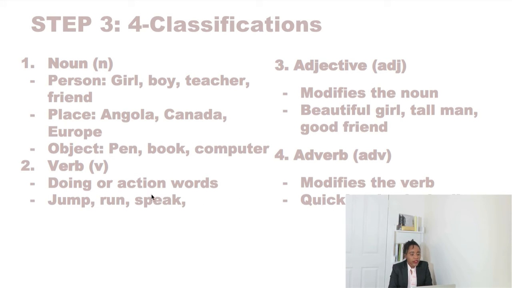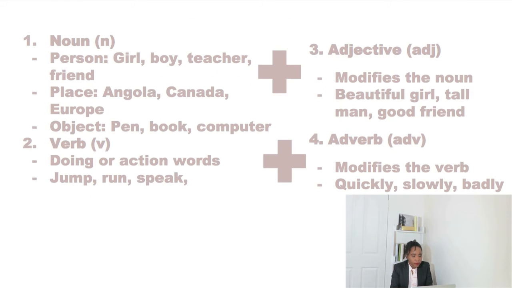For example, if you say the man jumps quickly, or the man runs slowly, or the girl speaks badly, those are all good examples of the adverb modifying the verb, or acting as a modifier for the verb. So the marriage of the different classifications as depicted here certainly helps us communicate better.